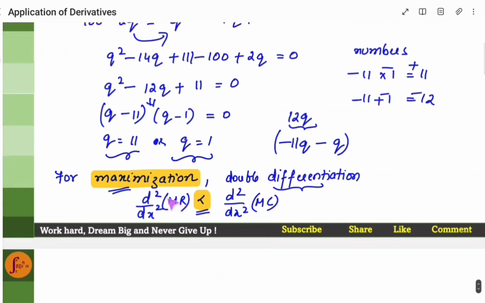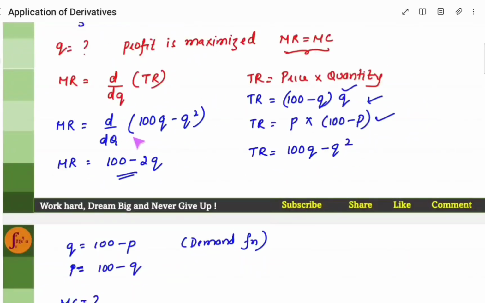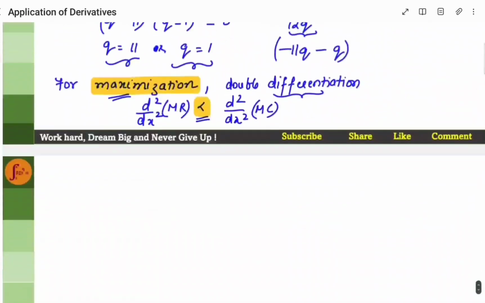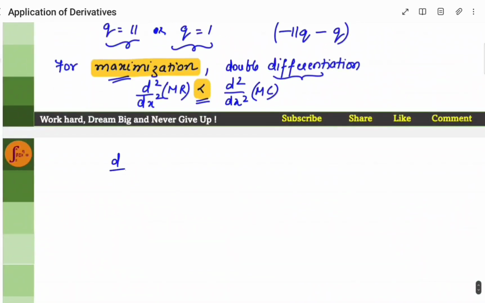Why are we using MR less than MC? Because for maximization, it should be less than. This is the first order derivative of marginal revenue. Now we'll differentiate this again and get the second order, so it's going to be d by dx of 100 minus 2Q.